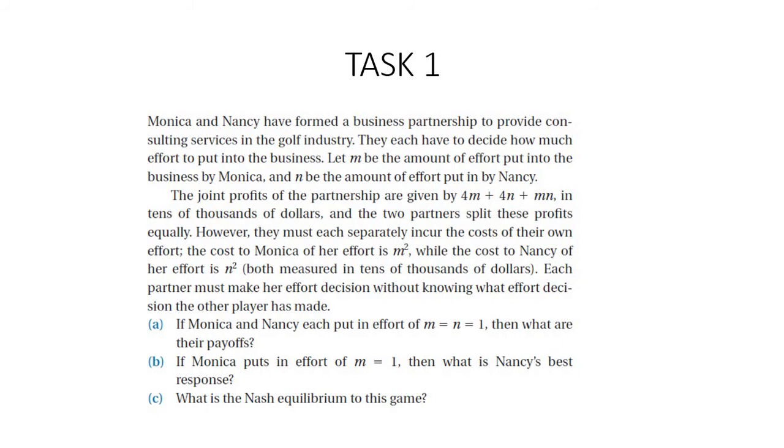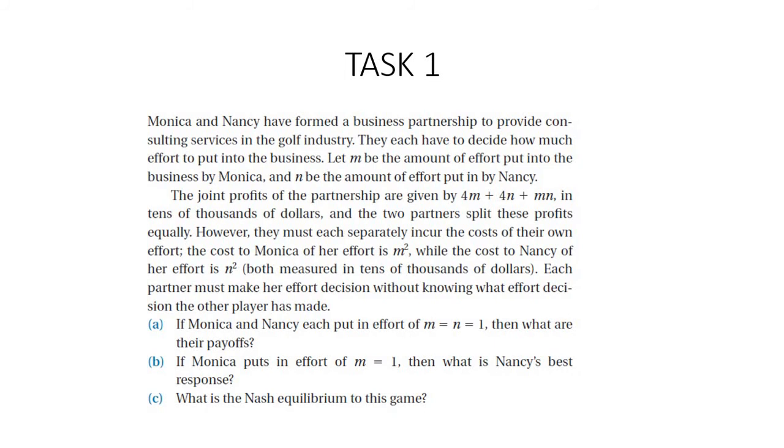Let M be the amount of effort put into the business by Monica, and N the amount of effort put in by Nancy. The joint profits of the partnership are given by the following function: 4M plus 4N plus MN, which makes sense because the profit of the business will depend positively on effort, in tens of thousands of dollars, and the two partners split these profits equally.